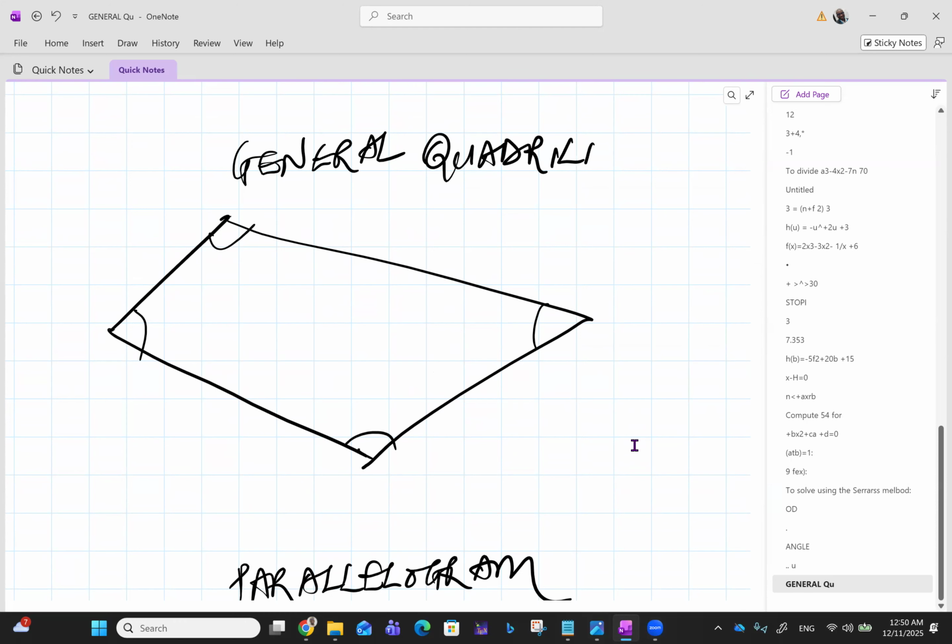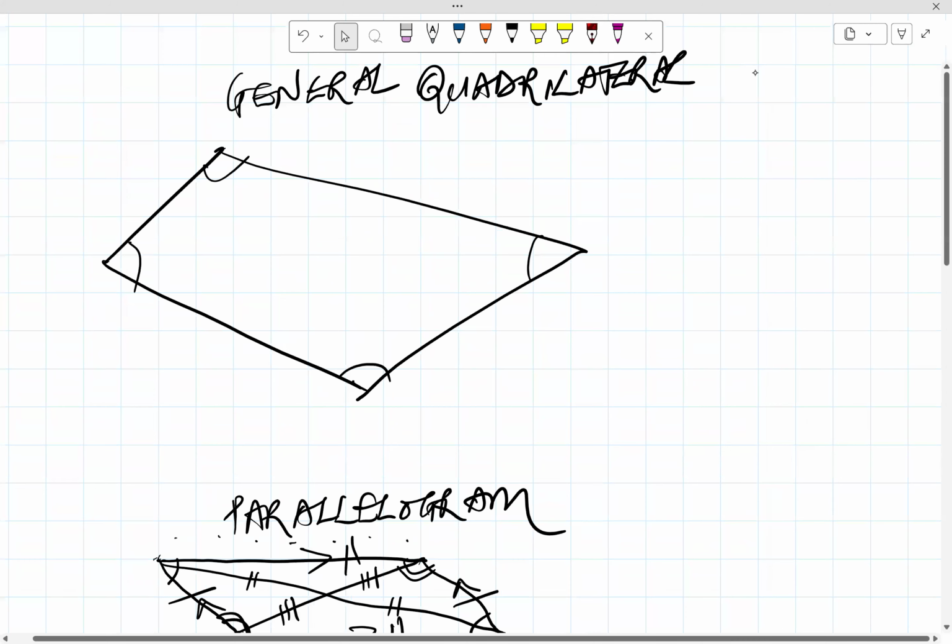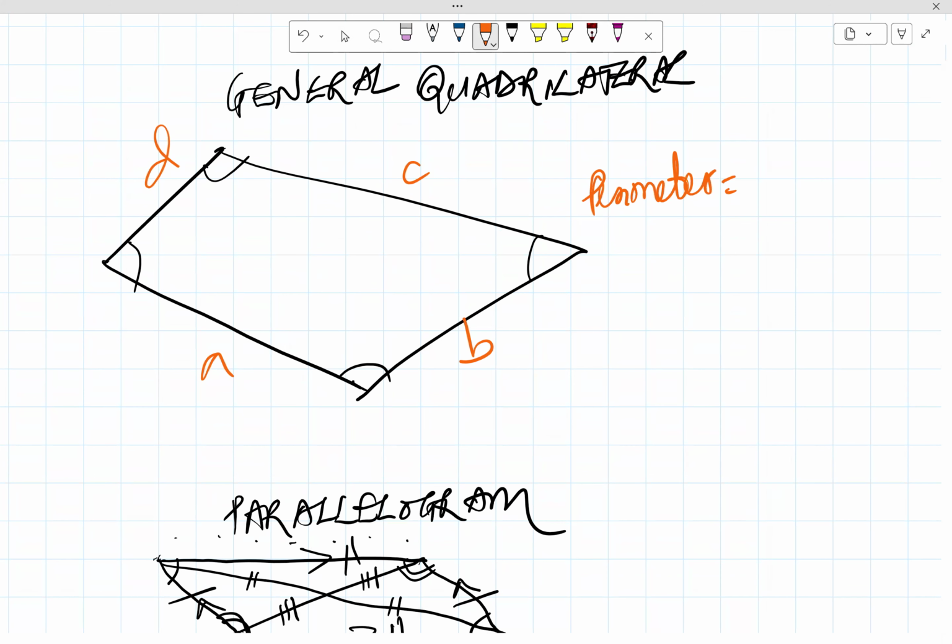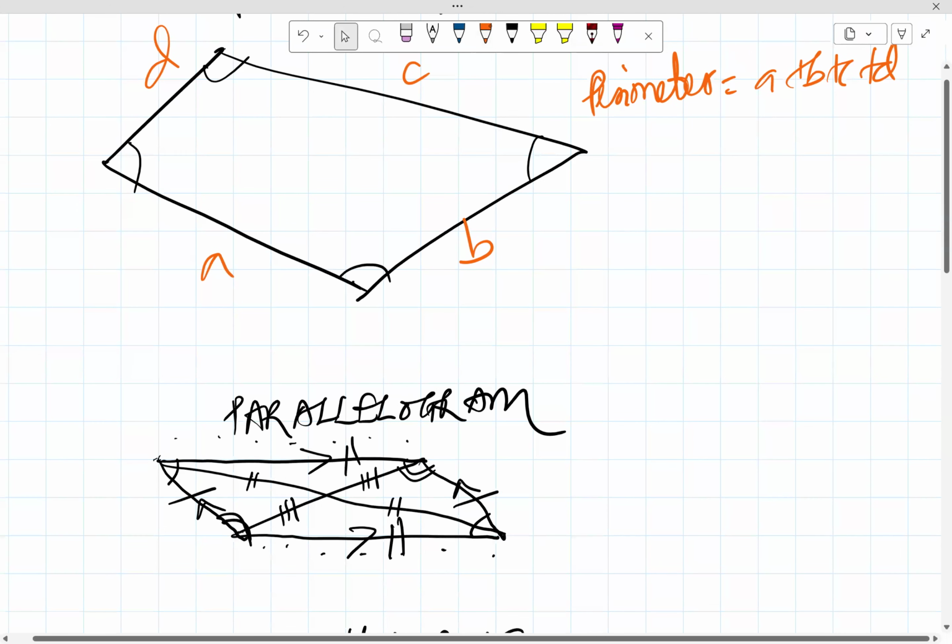If we say these are sides A, B, C, D, the perimeter is simple to calculate. It is simply A plus B plus C plus D, because perimeter is the distance around an object. So it's pretty easy and it is still a length.